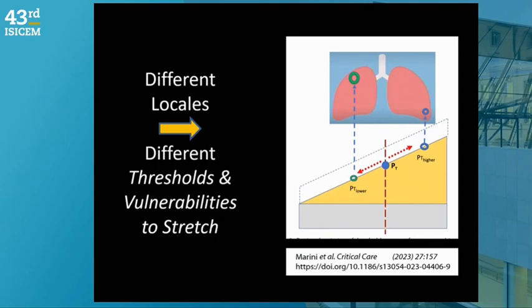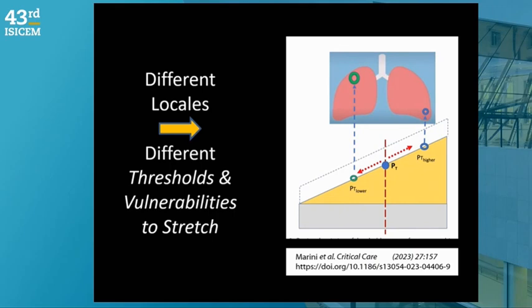For example, if we're at this point high in the lung, where we already have a fairly high pressure, then the threshold pressure that we need to cross is actually quite small. Whereas in the dependent area here, we have a fairly high level of additional pressure that we need to apply to get to a threshold.